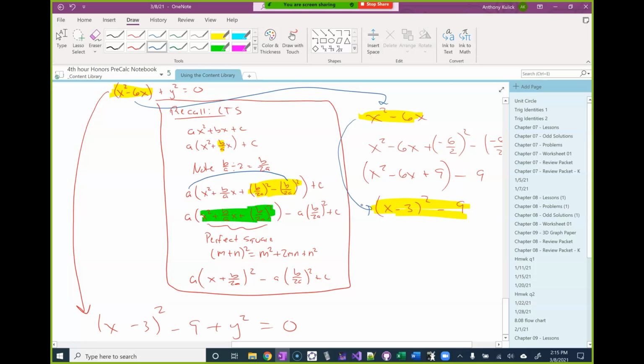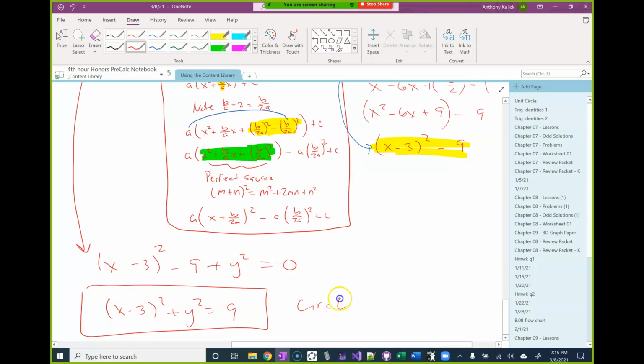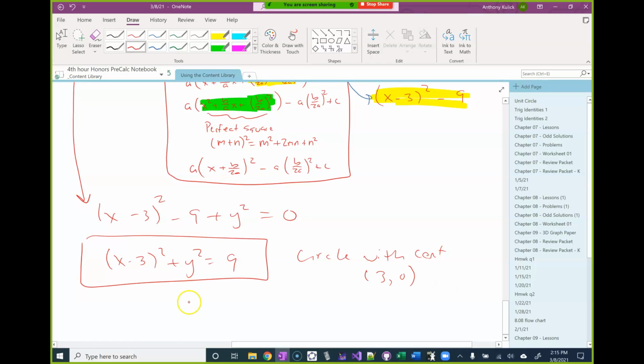It's a little jumbled because I did that big completing the square review in the middle. But if we just add 9 to both sides now, this is a circle with center (3, 0), because I can think about y squared as just y minus 0.